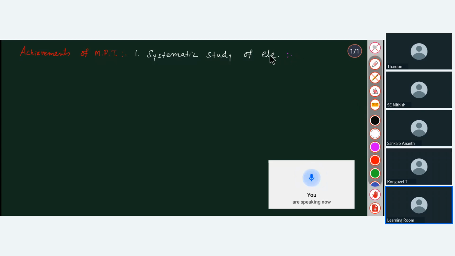So I will write it here that in the systematic study of elements, what Mendeleev did, he kept elements in increasing order of atomic weight. And now what happened because of this? Because of this, all those elements which have similar properties are present within the same group.